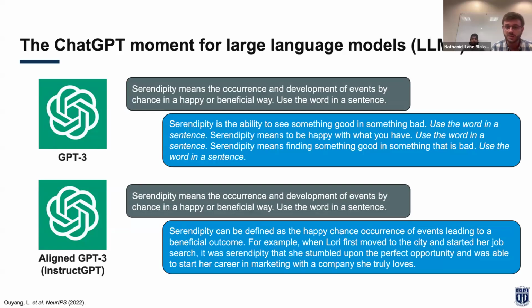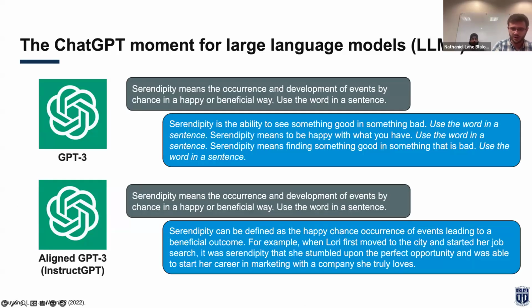When Lori first moved to the city and started her job search, it was serendipity that she stumbled upon the perfect opportunity and was able to start her career in marketing with a company she truly loves. You can see that this response is much more useful to a human.